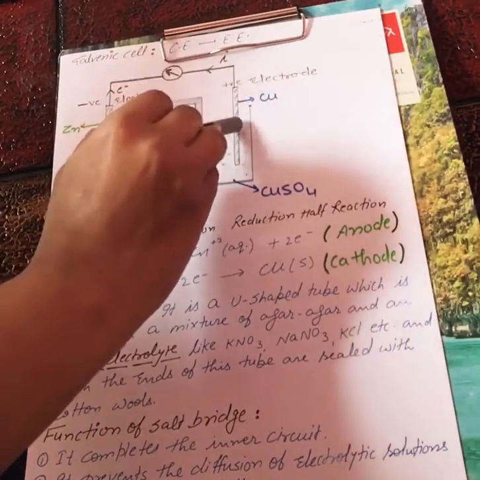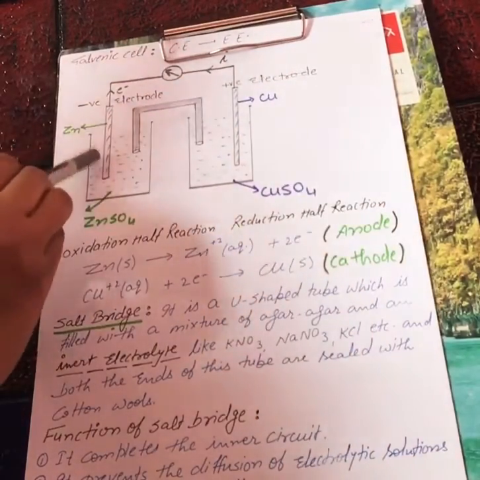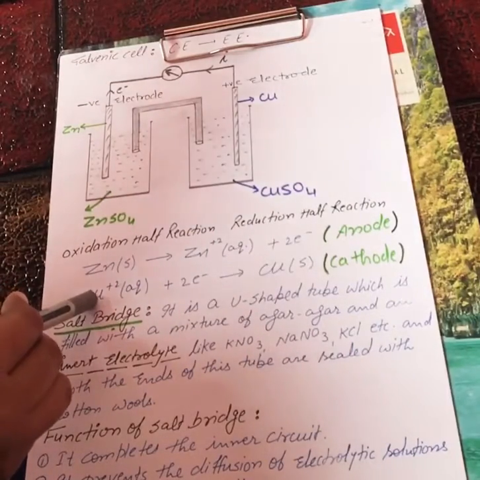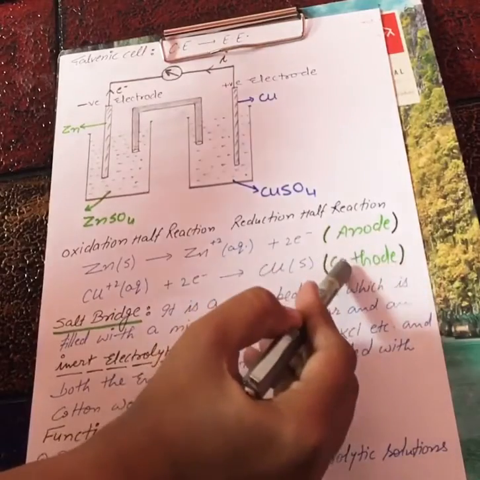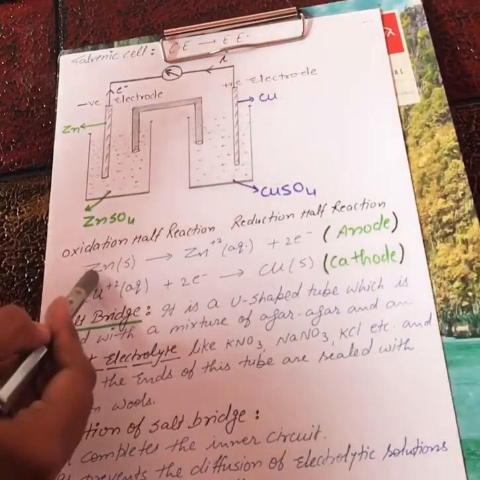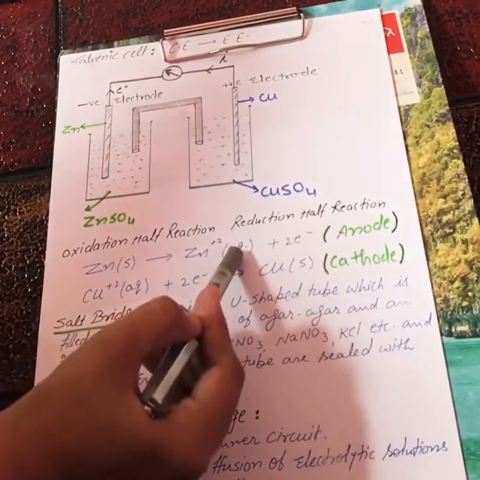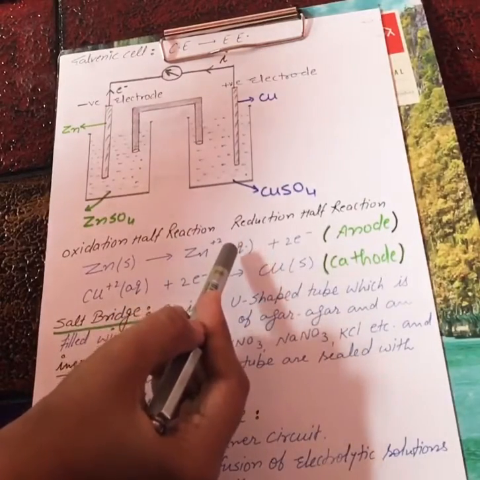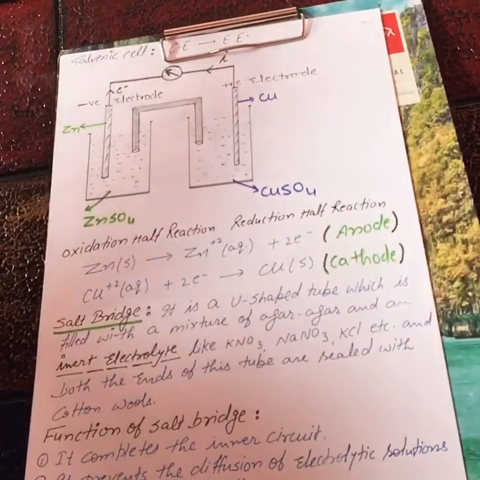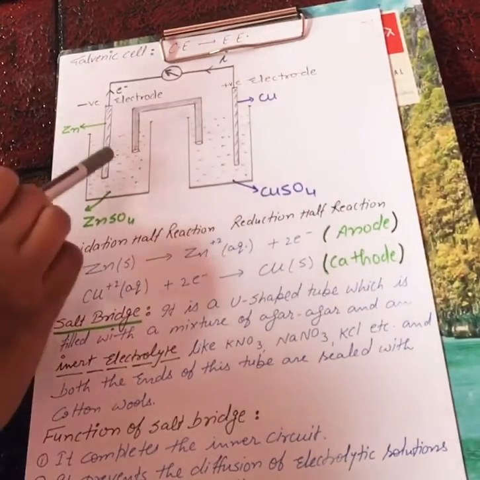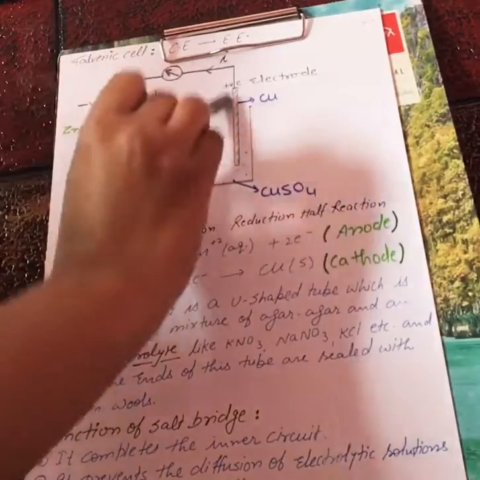That means cathode to anode, by which we can say the copper plate shows reduction and acts as cathode. The zinc plate shows oxidation. Okay? So listen, this circuit is complete.